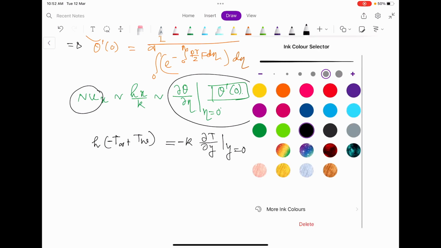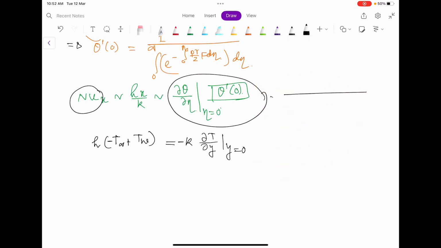Because my wall is this, and if my y direction is this, then the flux written as minus k dT dy also has a direction in the positive y. So if I have qy, the flux going towards this is h into T wall minus T infinity.